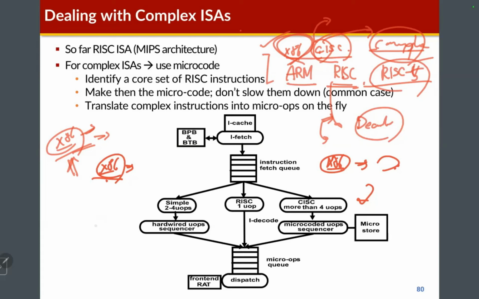If you look inside the x86 processor architecture, it also has a RISC-type architecture, which means it's very similar to the processor architecture of ARM or RISC-V CPUs.